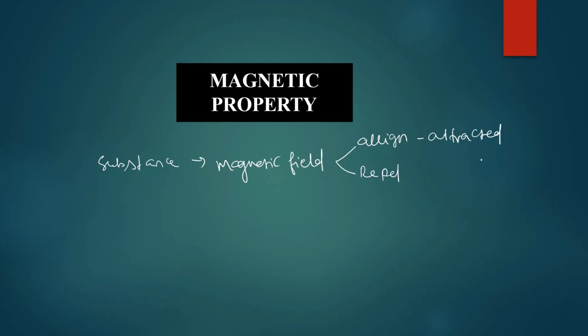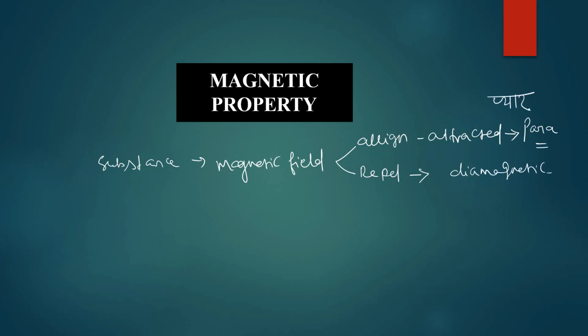If a thing is aligned towards or attracted towards a magnetic field, that is called paramagnetic material. If it is repelled, that is called diamagnetic.